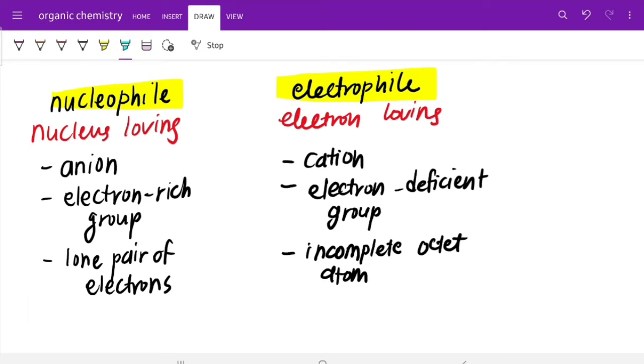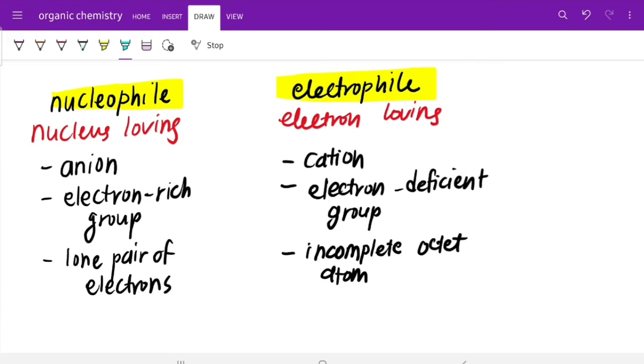Nucleophiles seek a positively charged atom or positively charged center, so a nucleophile has an electron rich atom or electron rich group. Commonly a nucleophile is an anion, an electron rich group, or any atom that has a lone pair of electrons, because a nucleophile can donate those extra electrons to a positive center.